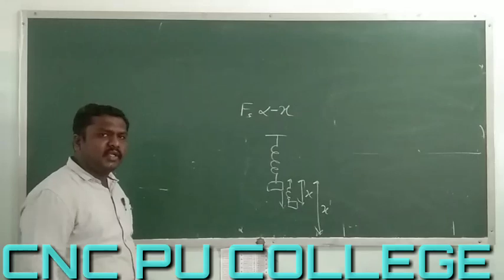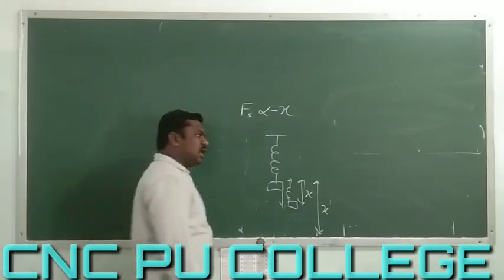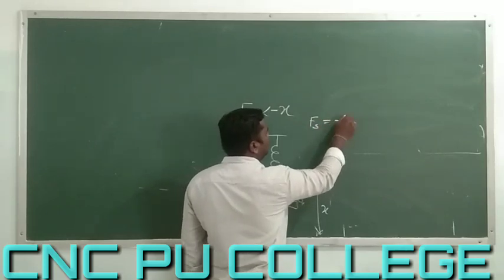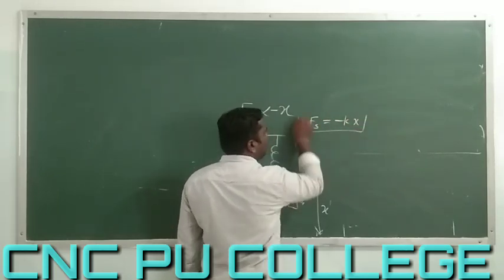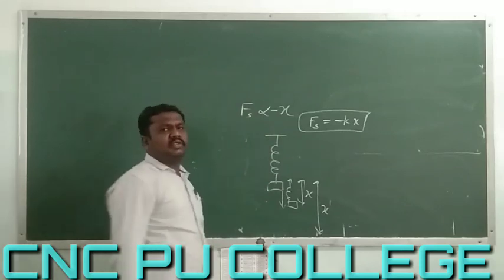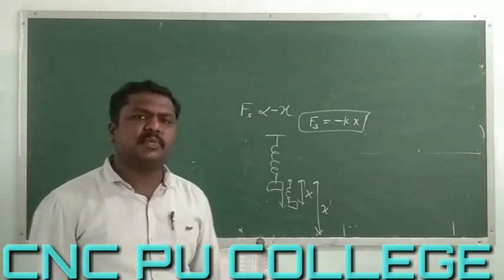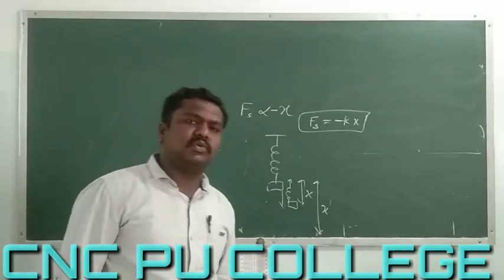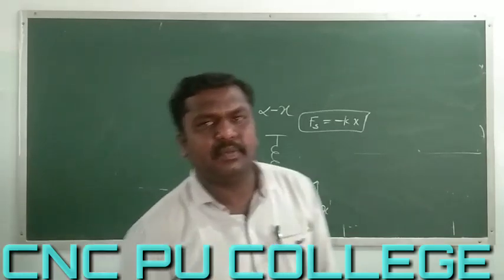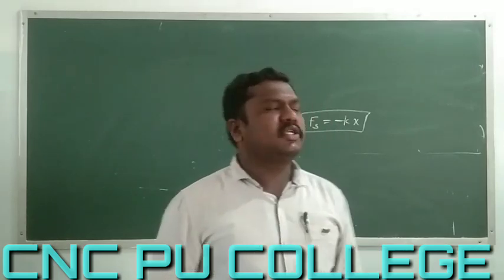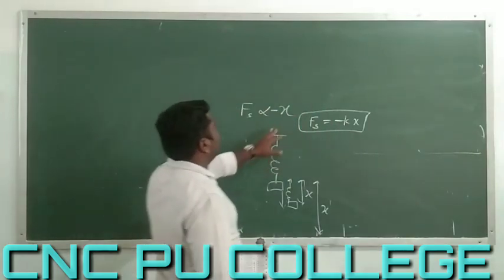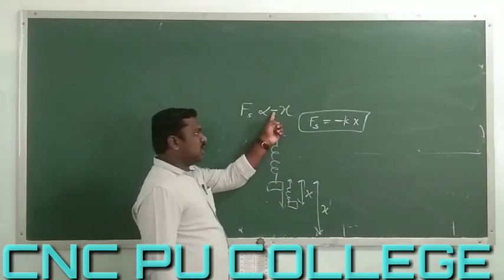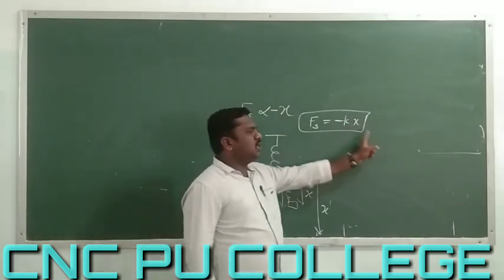They have the same magnitude but they are acting in opposite directions, and this can be equated by using a constant k, which we call the spring constant or force constant. So Fs equals minus k into x. This is called Hooke's law, where the spring force is directly proportional to displacement. Since they are acting in opposite directions, we write it with a negative sign. Therefore Fs equals minus kx.